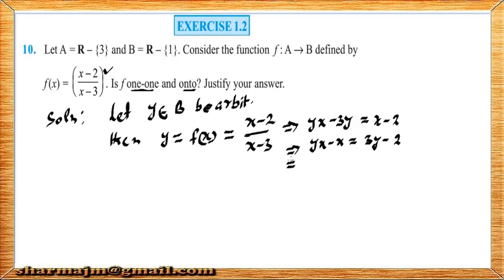You can take x common, so it is (y minus 1) x, that is equal to 3y minus 2.